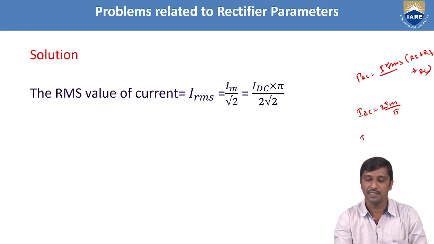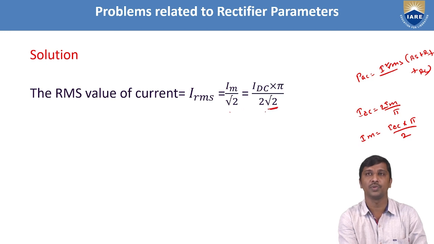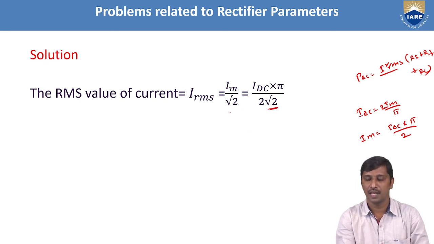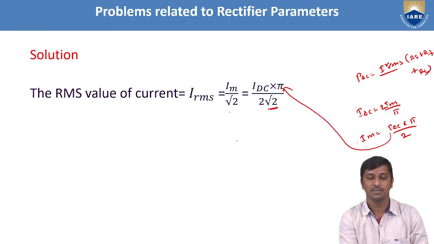So here we require this IM. How to write this one? IM equals IDC into pi by 2. So here I am replacing IM with IDC into pi by 2, over root 2, and by using this relation I substituted here. Now I can substitute these values.